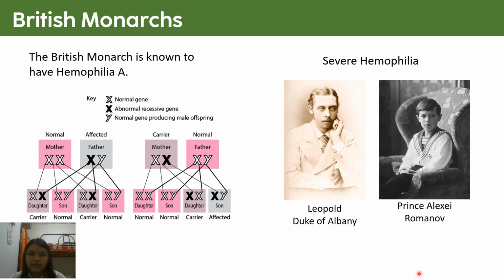So Prince Alexei is also very fragile to bleeding. If he bleeds for a long time, it's hard to heal, and that's how severe hemophilia is if you practice inbreeding. Those are the two examples from the royals that explain how inbreeding can cause severe diseases, severe mutation, and that's why it's bad.